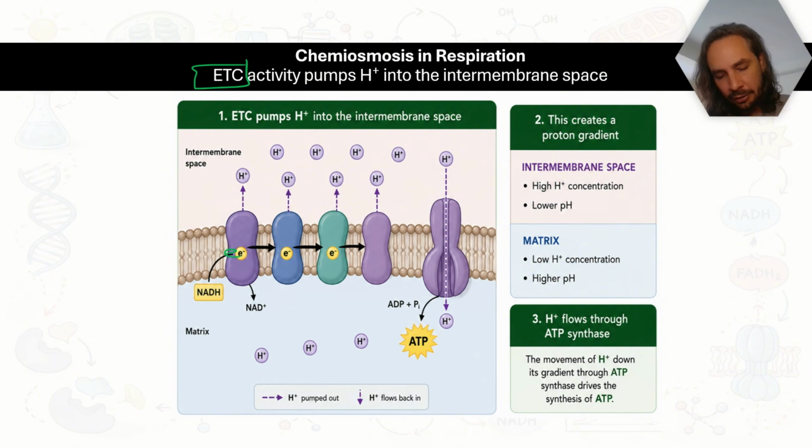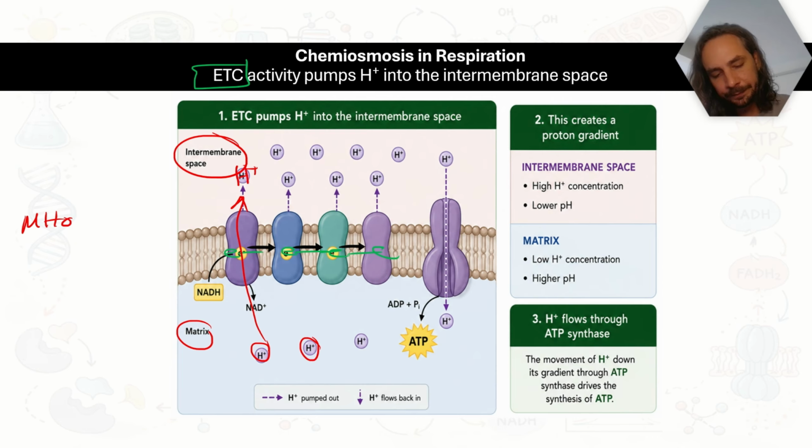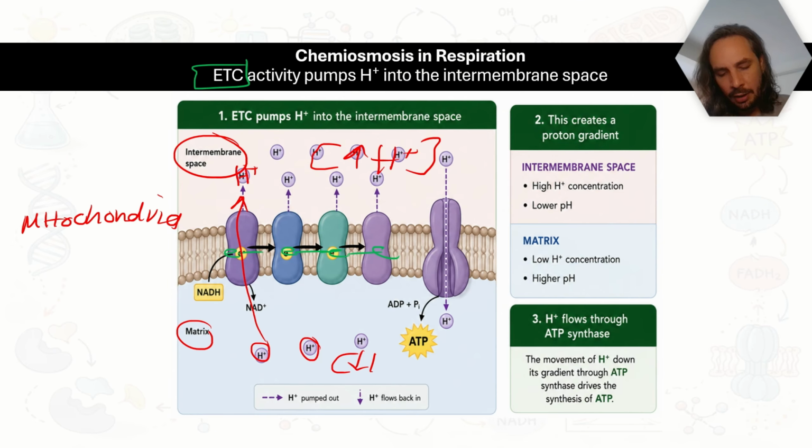As these electrons are moving through this chain, it actively pumps hydrogen protons from the matrix to the intermembrane space in mitochondria. And this creates a proton gradient. So here we have a very high concentration of hydrogen ions, and over here we have a very low concentration. And then mitochondria uses that to create ATP.